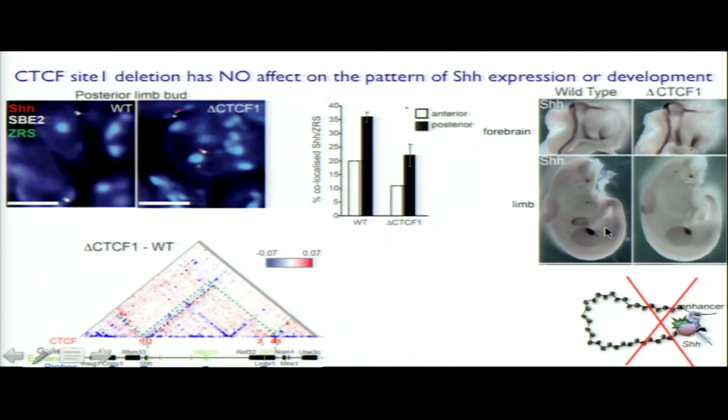You can convince yourself by making correlations between structure and function that everything fits everyone's favorite model, but until you go and do the experiment and try and break it, you can't make a conclusion. So here we've clearly disrupted this structure, and we've had no impact whatsoever on the ability of the sonic hedgehog limb enhancer, 1 million base pairs away from the sonic hedgehog gene, to activate sonic hedgehog expression in the right place of the developing mouse limb bud.